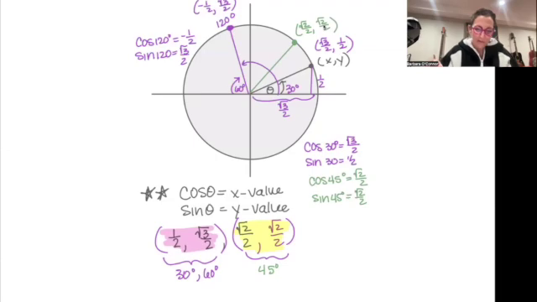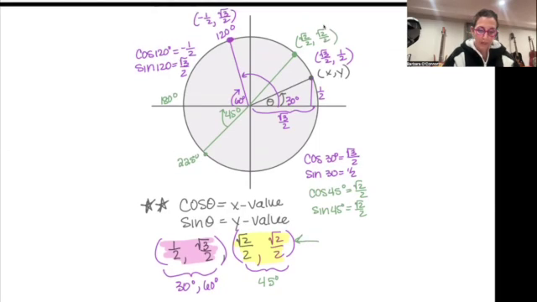Let's try one more, just for fun, because it's so fun. Let's go to the third quadrant, and let's do the 45 reference angle in the third quadrant. That angle is 180 degrees plus 45. So that's 225 degrees. And I know that all of the 45s go with root 2 over 2.